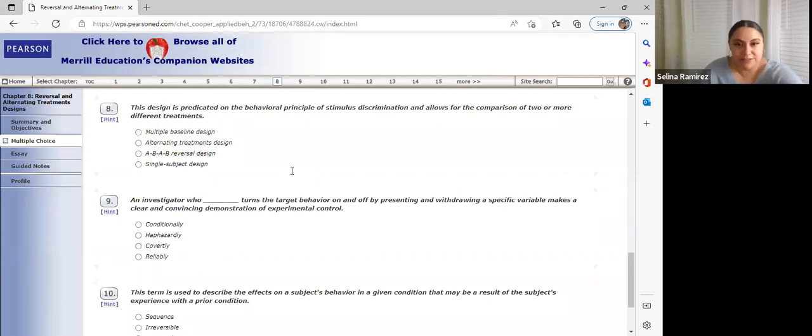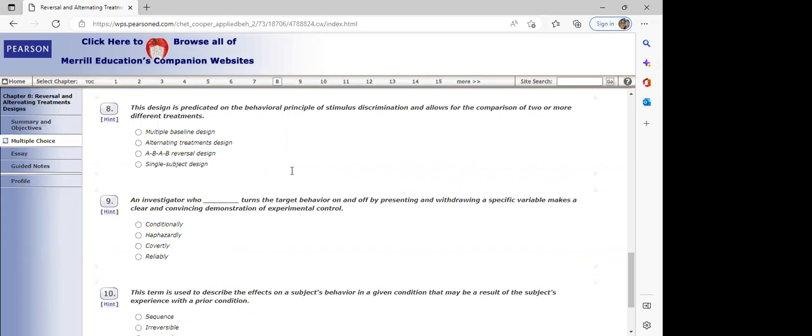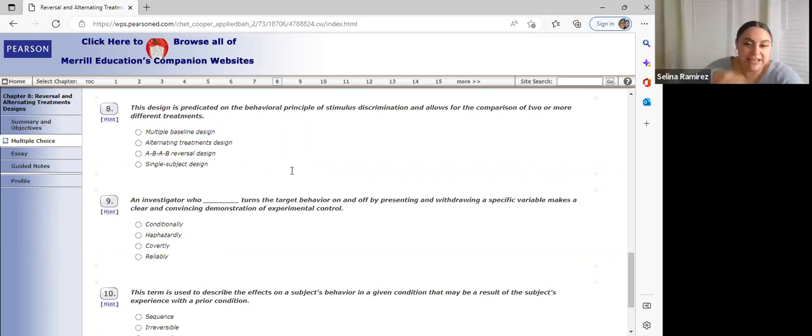Woo, we know that one. We just talked about that one today. Alternating treatments. Yes. 2 or more different treatments is going to be alternating treatments.